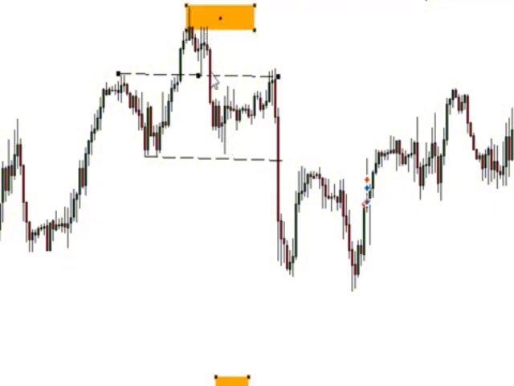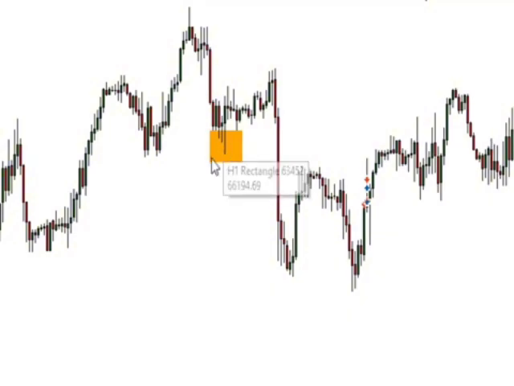For us to have a shift in market structure, or what we call a change of character, we basically need to see that this low, the last low that was created, has been violated. Okay, if we don't see price violating this last low that was created, we are basically still in an uptrend.